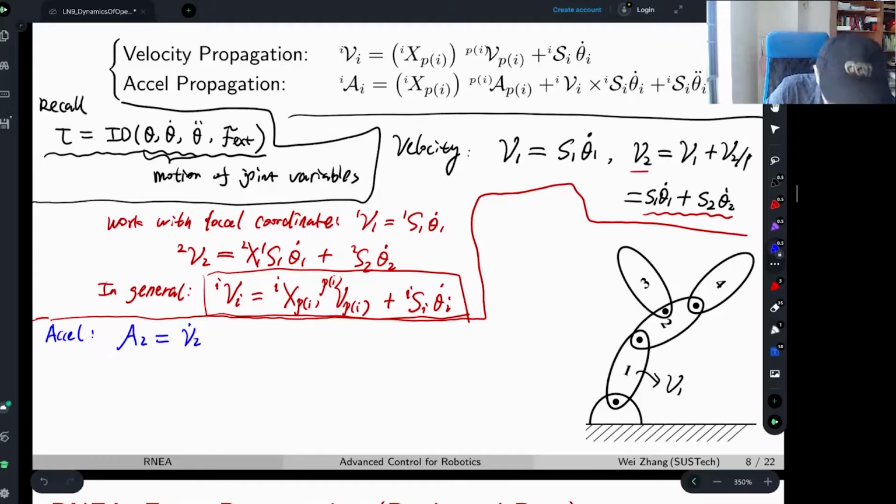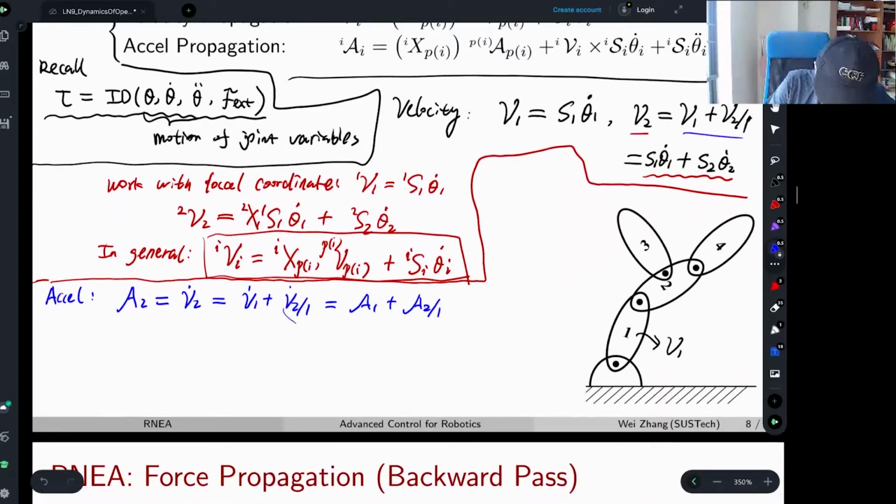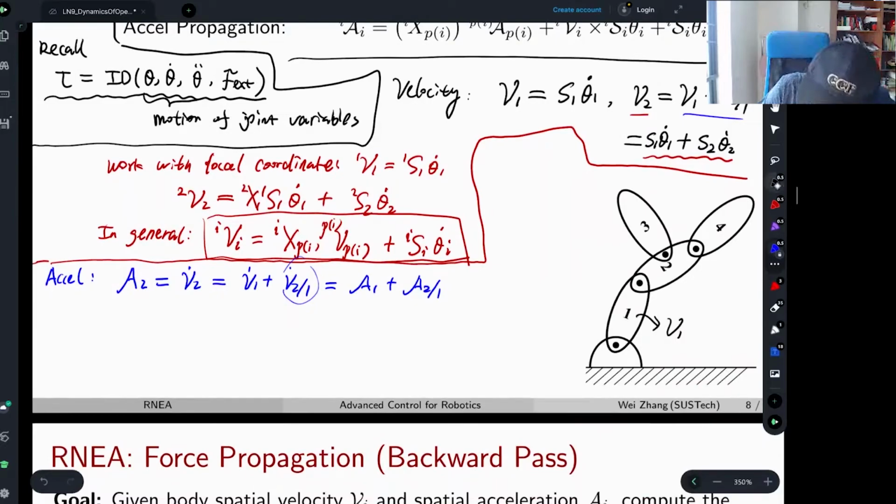It's v2 dot, and we know v2 is, let's say, v1 plus v2 relative 1. So you take the derivative, and overall you have a1 plus a2 relative 1, which is just this taking the derivative. This cannot be used for computation, but conceptually, this is what we're doing.